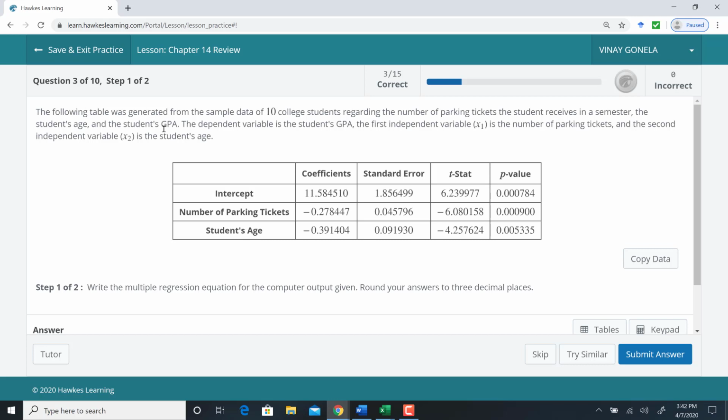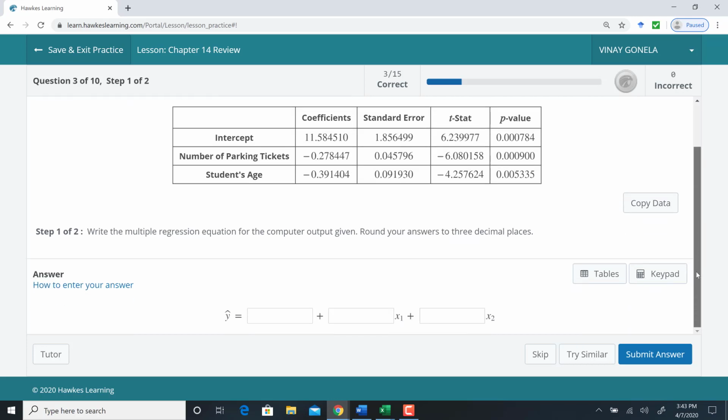I think the dependent variable is the GPA, the independent variable is number of parking tickets, and the second independent variable is the student's age. So the GPA is your y hat, and they're asking you to write the equation.